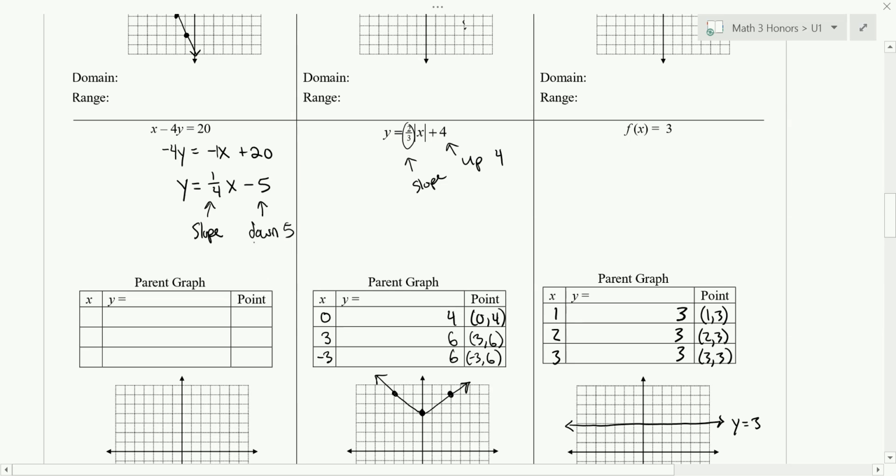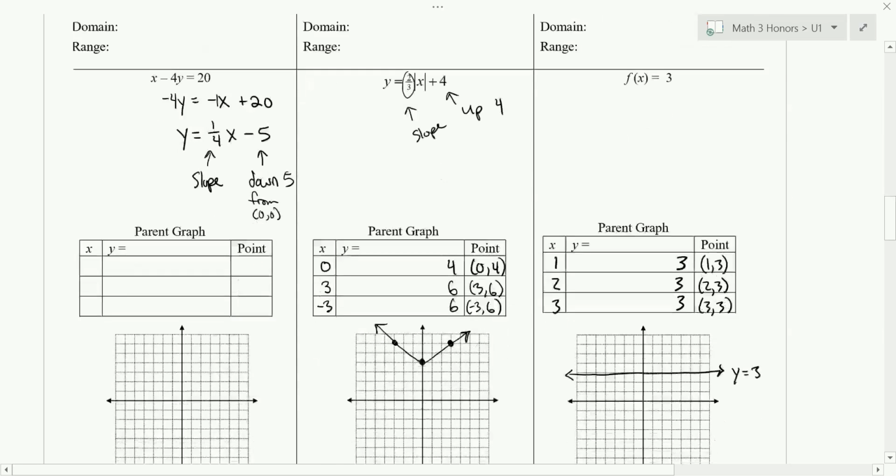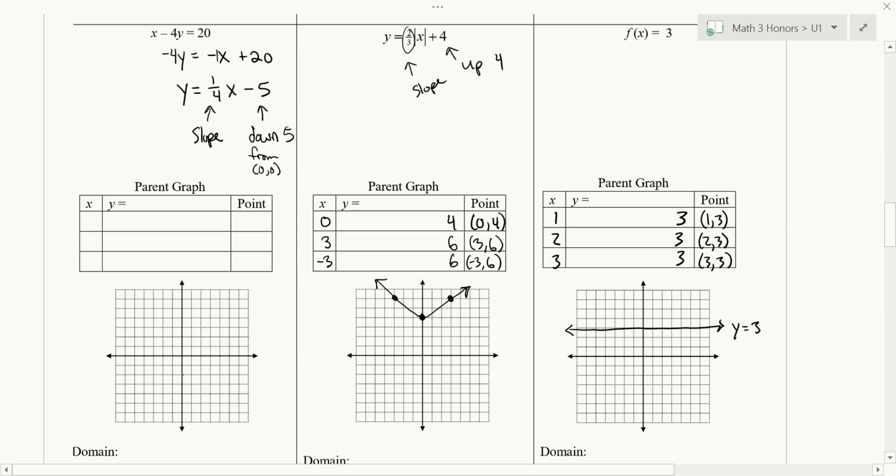So down 5 from our parent graph point at 0, 0. That's our starting point. And once you have your starting point, use your slope. Up 1, right 4. Down 1, left 4.